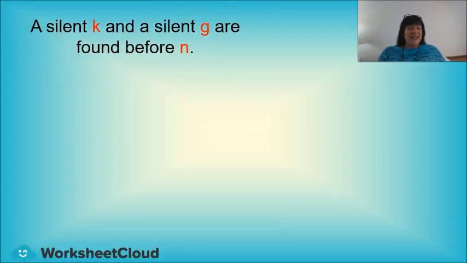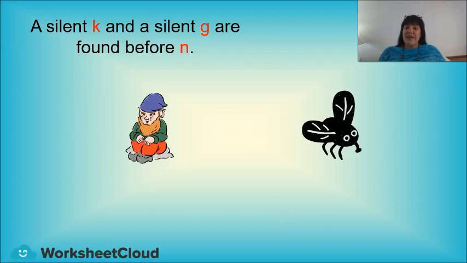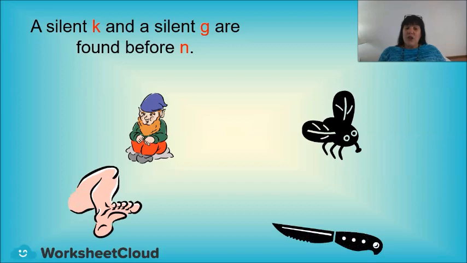A silent K and a silent G are found before an N. Sometimes you get a silent G as well. But today we're going to be concentrating on the silent K. And it's found before an N. Before means in front of. Let's just look at two words that have the silent G in it as well, although those aren't two that we are doing today.